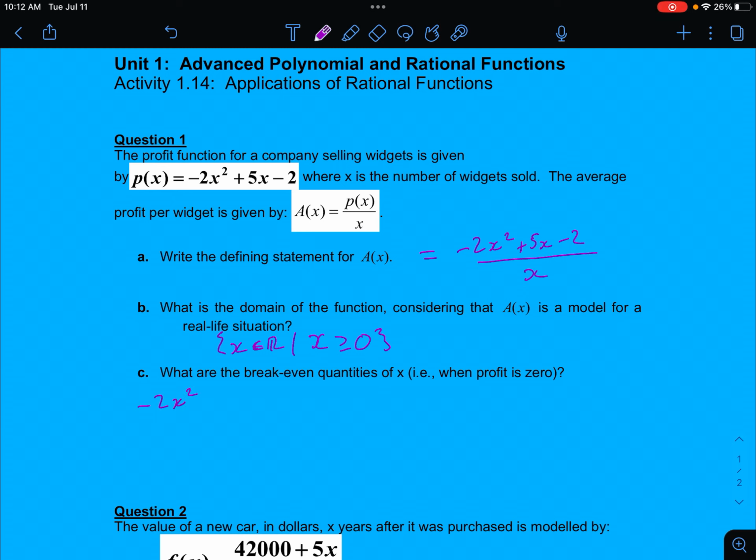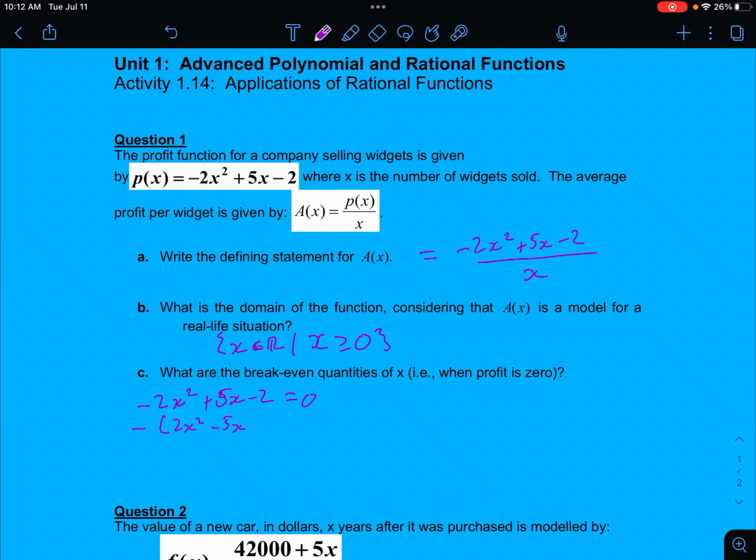And then the break-even prices are just when this is equal to 0, which when we factor this down, you have this. One quick way of factoring is, I'm going to factor out the negative here.